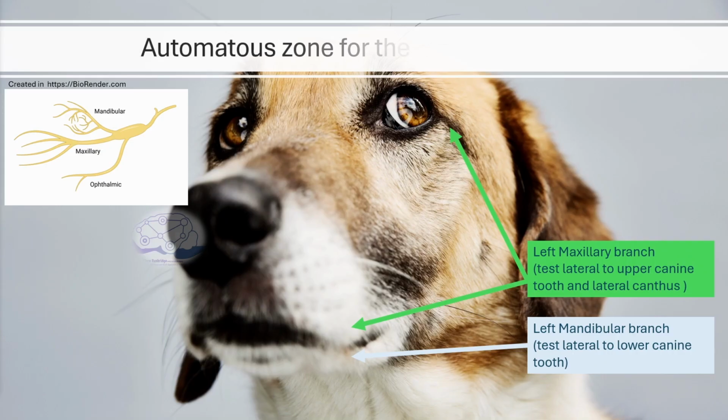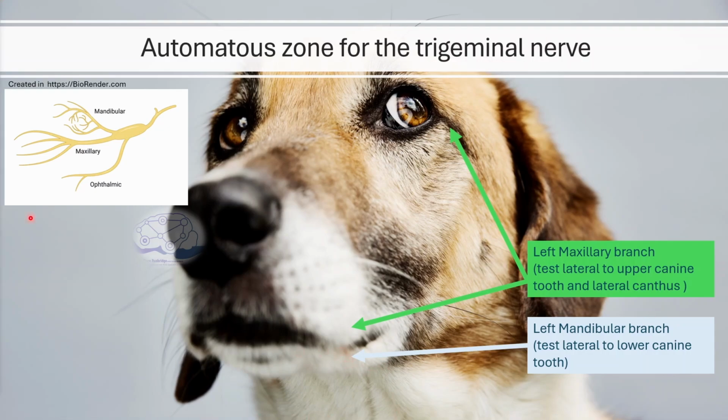By comparison, the maxillary branch, the autonomous zone for this is the upper lip, and I would normally test lateral to the upper canine, so a gentle tickling there, and the animal should be able to perceive this, and also you'll get a reflex movement of the facial muscles. Again, requires an intact facial nerve. And you can also test the lateral canthus of the eye and get a palpebral reflex. By contrast, the mandibular branch, the autonomous zone, is lateral to the lower canine tooth, so the lower lip.